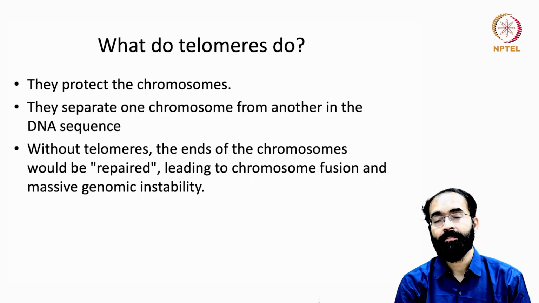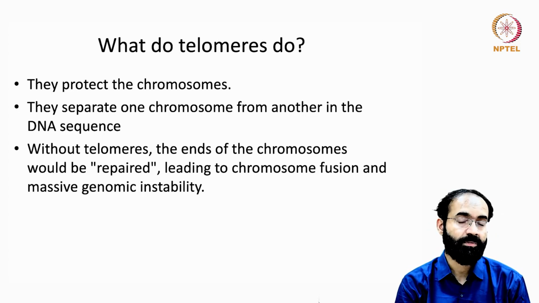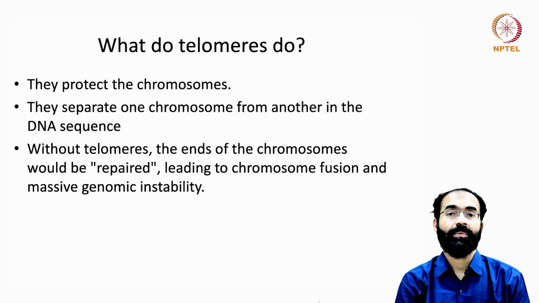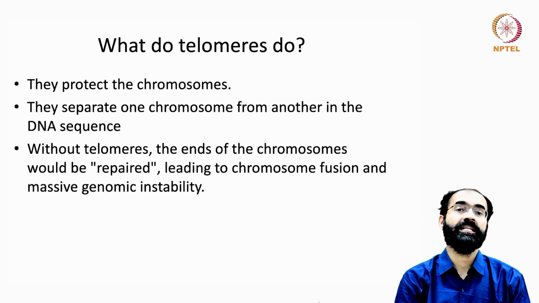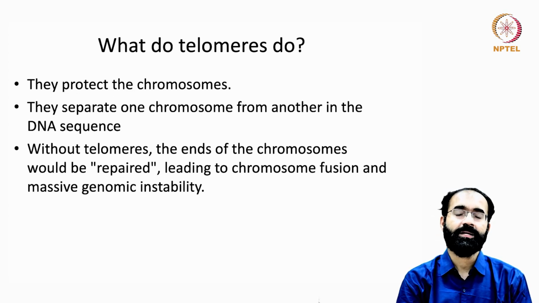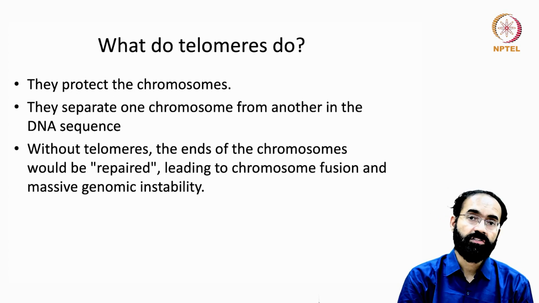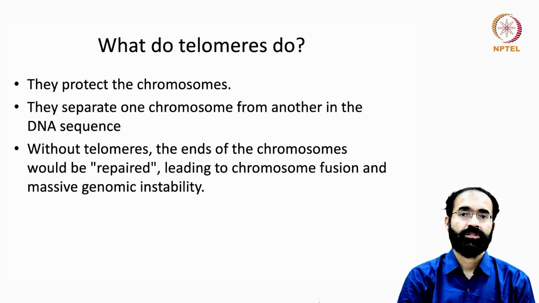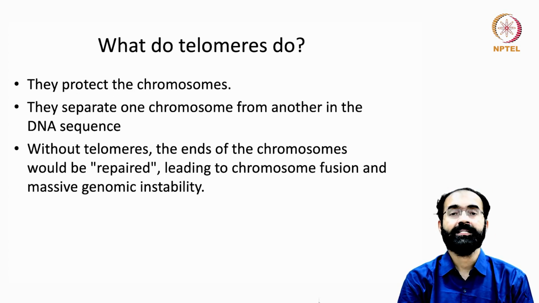BCR and ABL fuse because of chromosomal fusion, and it becomes a hyperactive transcription factor that will lead to cell proliferation. I will not go into the detail, but understand that chromosomal fusions can cause cancer and a lot of aberrant phenotypes.